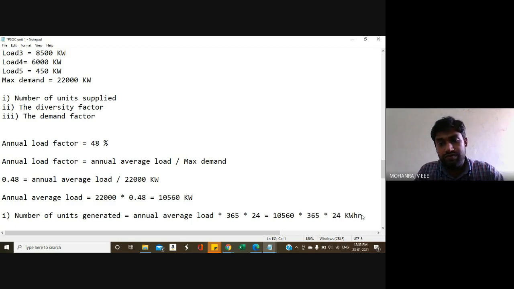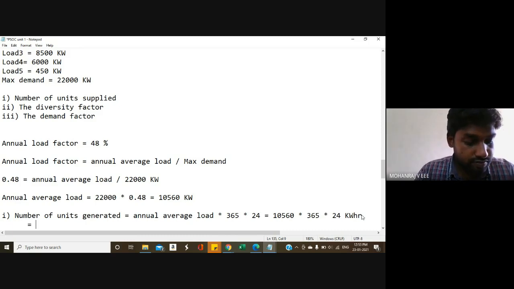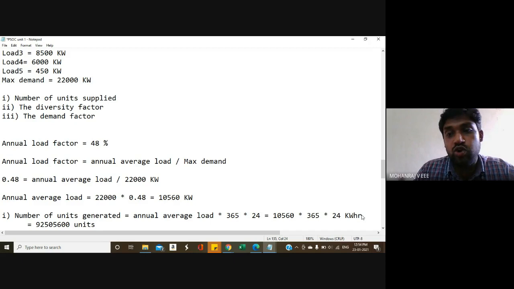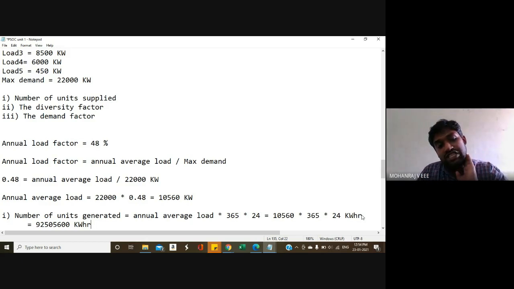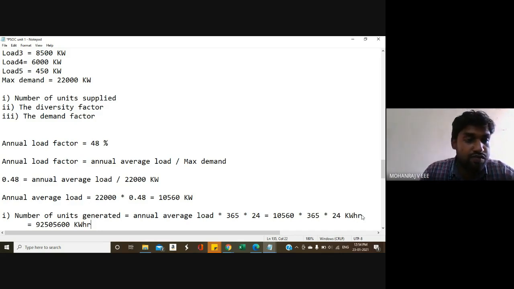So that is equal to 92,505,600 units. A unit stands for 1 kilowatt hour, so we can directly write it as 92,505,600 kilowatt hour, the number of units generated.